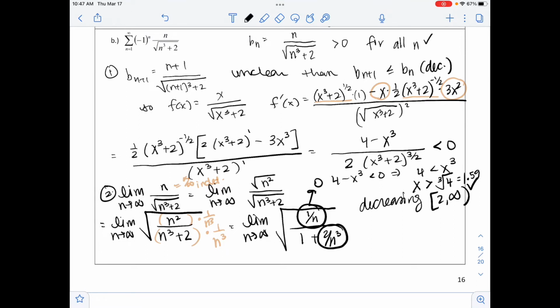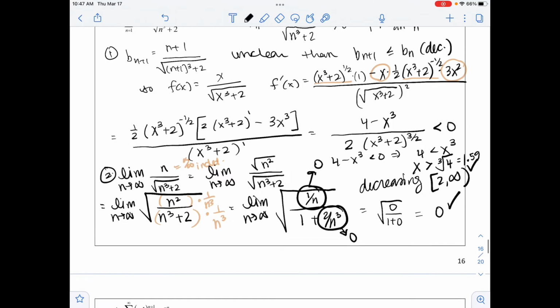And in the denominator, the term 2 over n cubed would also be going to 0. And so we have the square root of 0 over 1 plus 0, which would just equal 0. And so we needed to show the limit as n approaches infinity of b sub n is equal to 0, and it does. So that's our check.